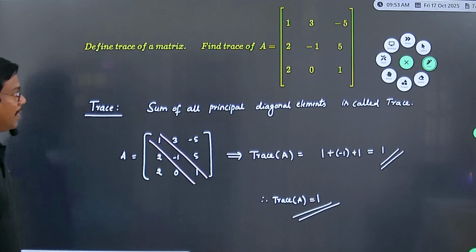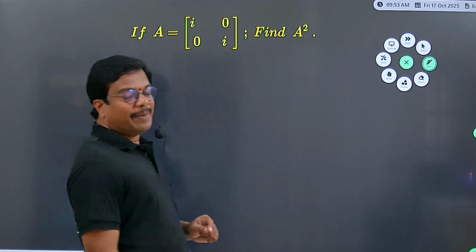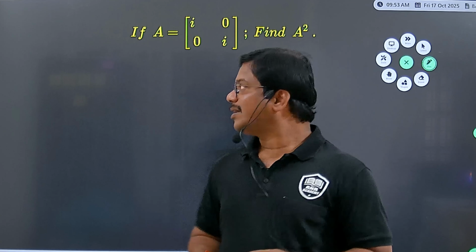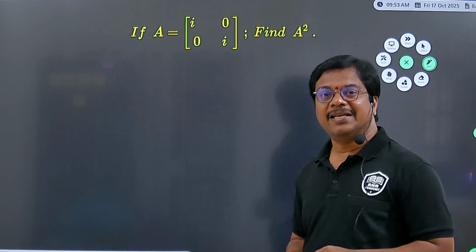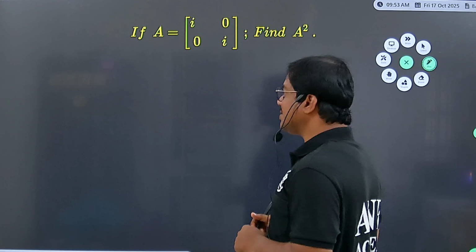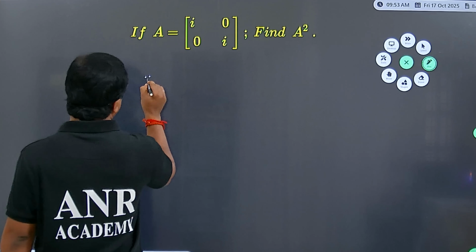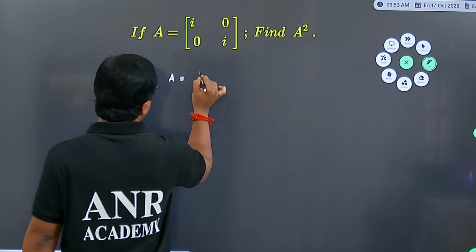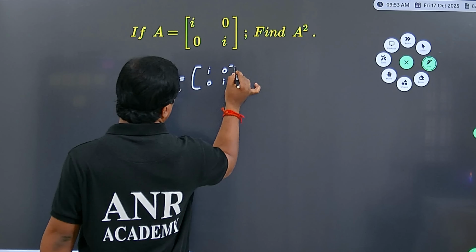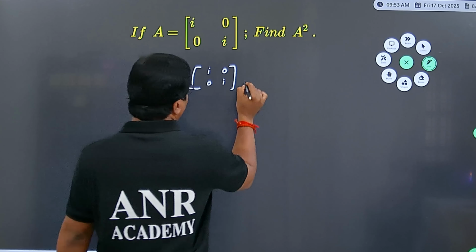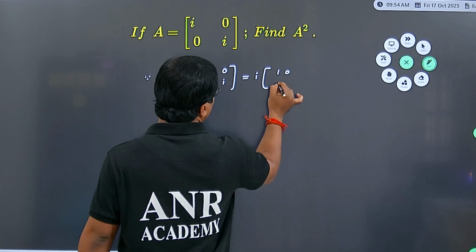Let us move to the next one. Capital A is a matrix of order 2 cross 2 with entries i, 0, 0, i. Then find A square. A square is A multiplied by itself one time, right? Since A is given as i, 0, 0, i, you can write this, by taking i common, as i times [1, 0, 0, 1].